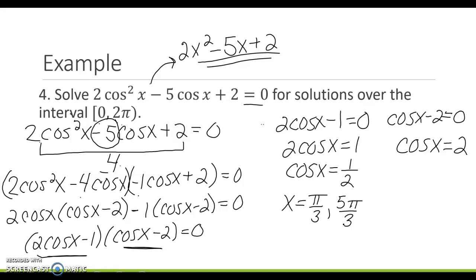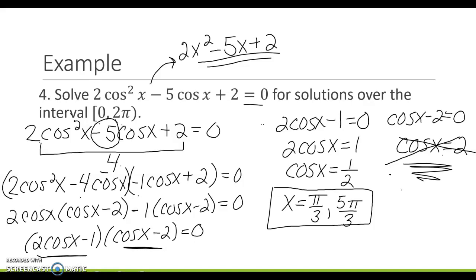If we think back to the way cosine looked when we graphed it, our amplitude for regular cosine always went up to +1 and -1. So 2 is actually out of the range. So there are no solutions here for where cosine of x equals 2. The only solutions are where cosine of x equals 1/2, and that's going to be pi over 3 and 5 pi over 3.